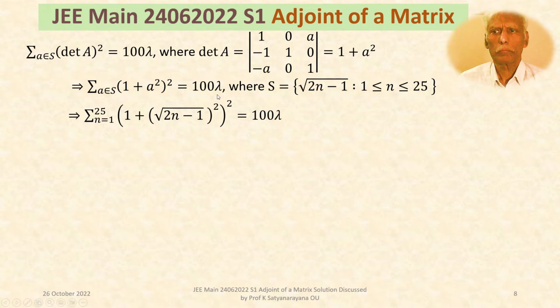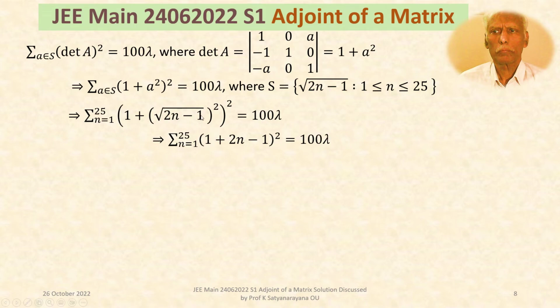What is a squared? a belongs to S means a is root of 2n minus 1. a squared is 2n minus 1. And now the sum runs from n equal to 1 to 25 because n takes values 1 to 25. So the sum over a belonging to S now converts into the sum from n equal to 1 to 25 of (1 plus a squared) whole squared equal to 100 lambda.